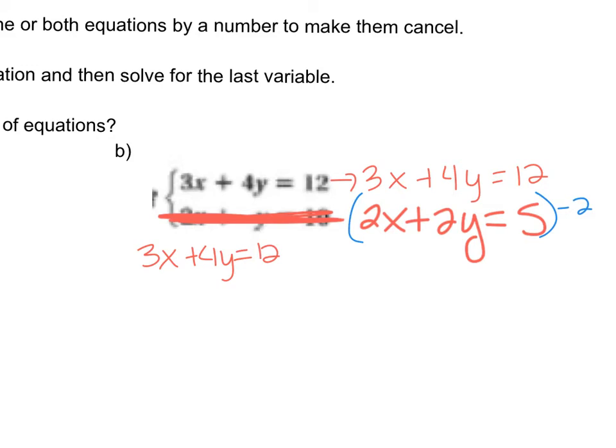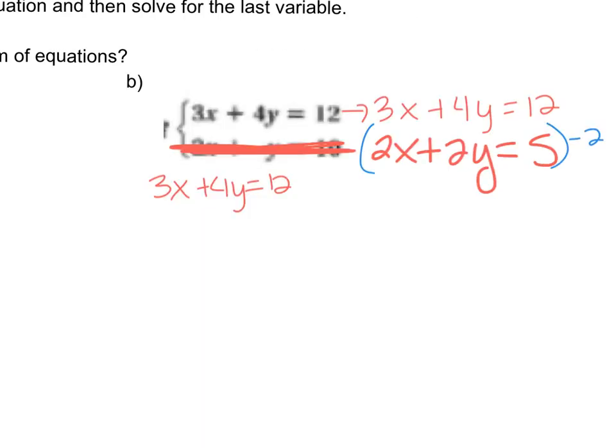And then after I multiply that -2 to all three terms, don't forget to do all three terms. That's a really common mistake. So that would be -4x minus 4y equals -10. Okay, now we're ready to add these equations.